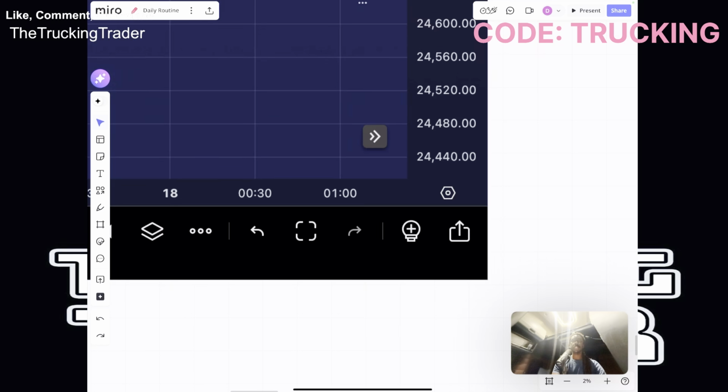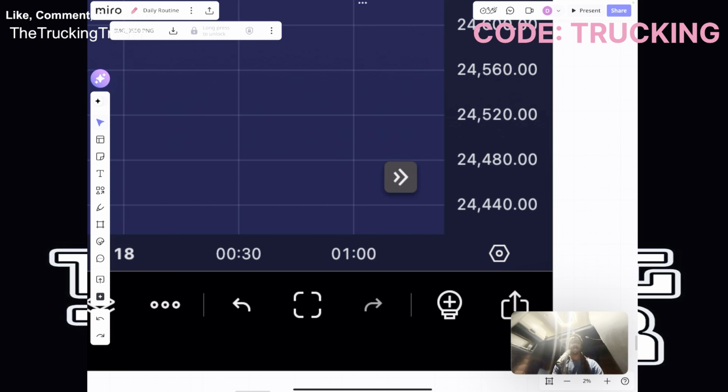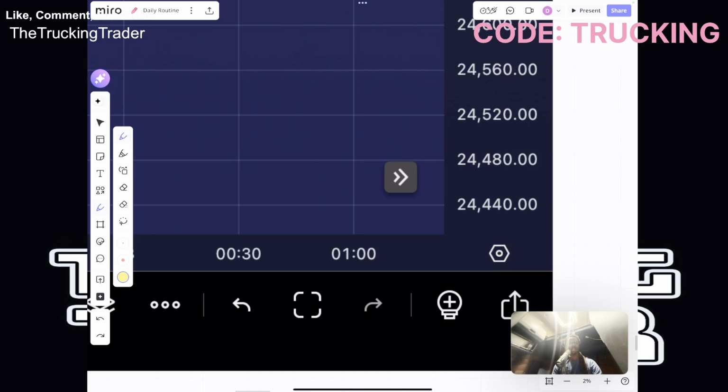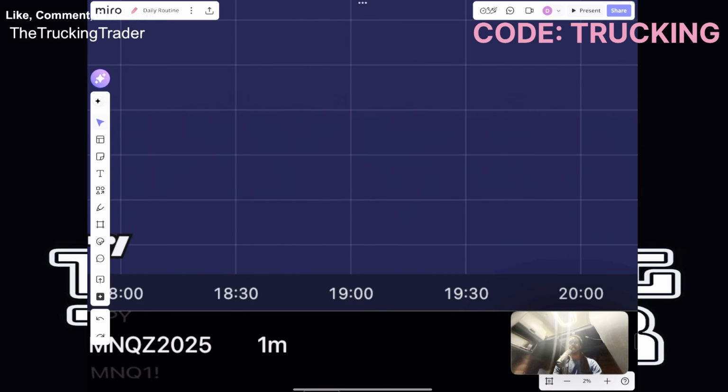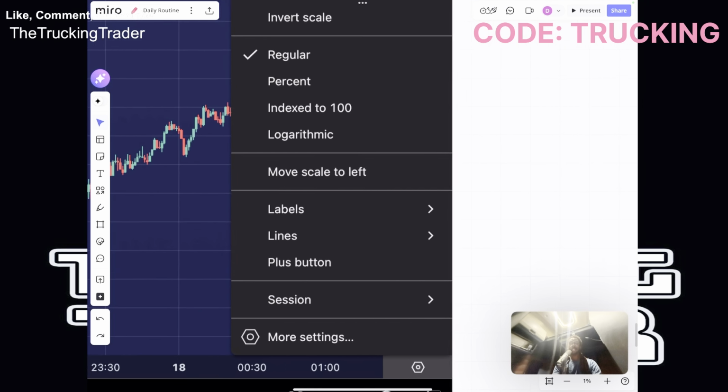All right, so first thing you have to do is click on this button right here on your TradingView. That button is going to take you to a screen. It's going to pop up like this, right?